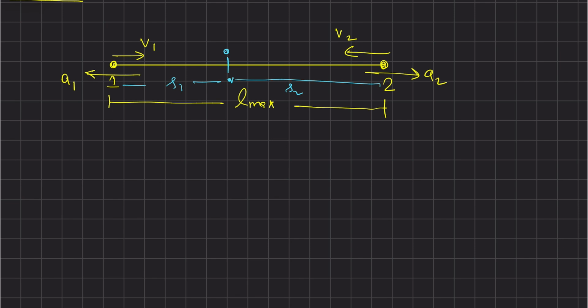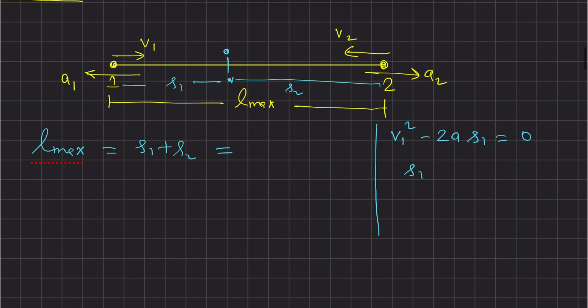In this case, the answer that the student reports is that L max is equal to s1 plus s2. If I write it separately, for s1, v1 squared minus 2 a1 s1 is equal to 0, because the final velocity is going to be 0.